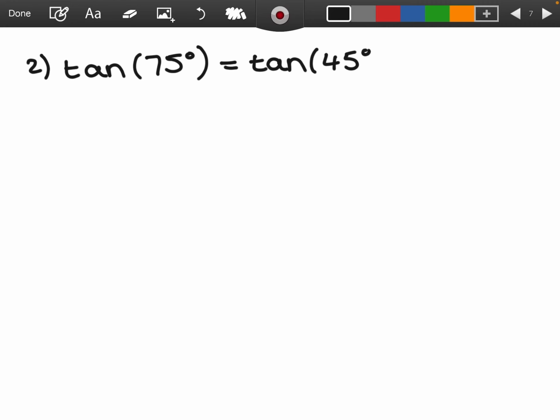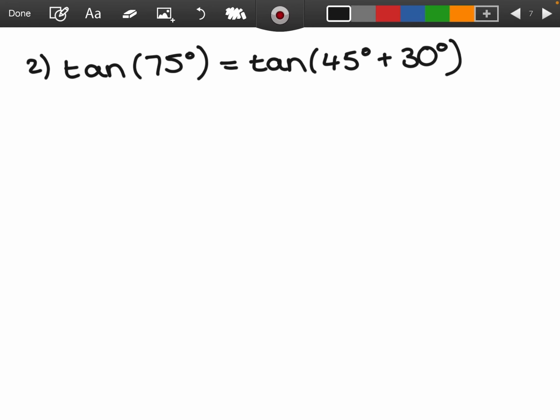Do the same thing this time using a tan formula. So I'm going to look at tan of 75 degrees. Okay. Again, it's an angle that doesn't have a reference angle that we know a lot about. So therefore I'm going to use the fact that 75 degrees is the same thing as 45 degrees plus 30 degrees.